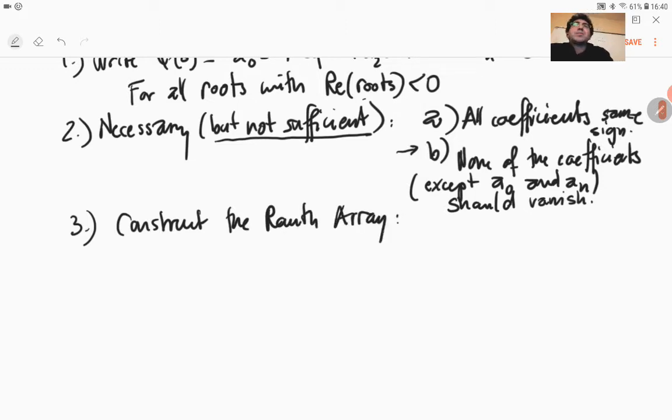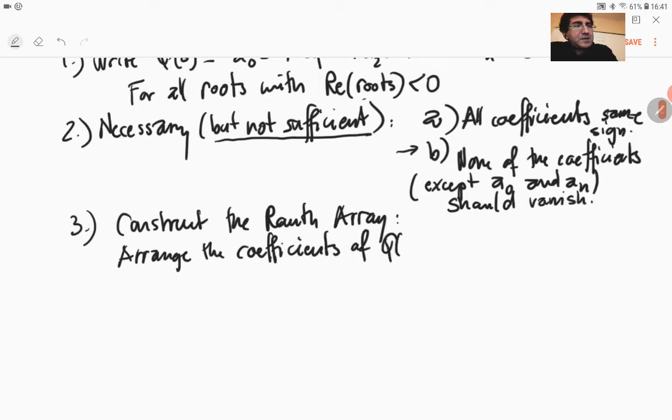This is basically a procedure. So what we will do is we will arrange the coefficients of Q of S in two rows, and proceed with the Routh procedure.